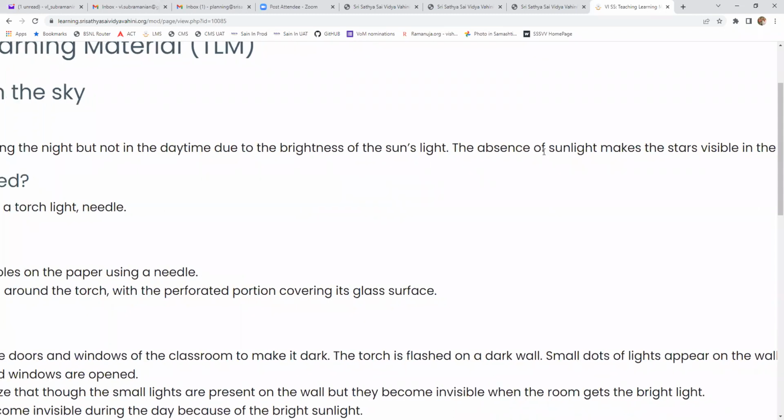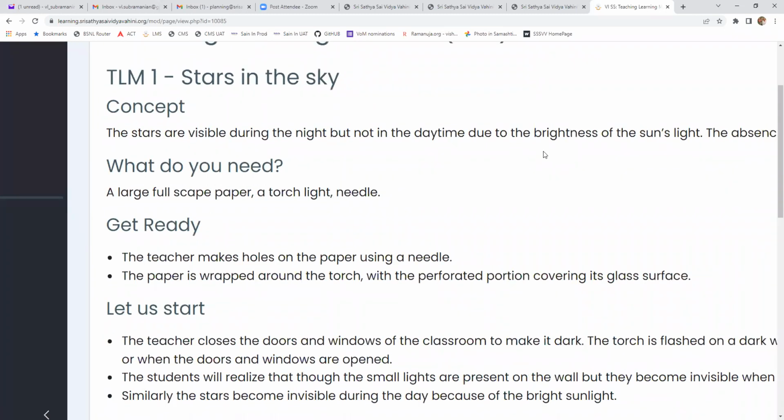So see, this is a question children normally would have, right? If the sun also is a star and there are so many stars, billions and billions of stars, I'm able to see them in the night time. Why am I not able to see them in the daytime, right?